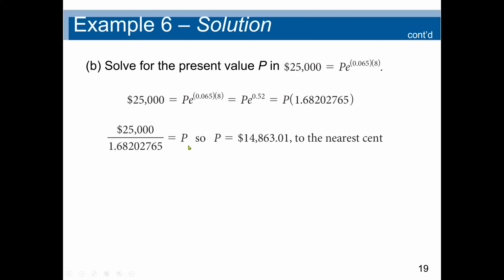So P equals 25,000 divided by 1.6820765, and that gives us roughly $14,863.01. So this means we need to invest $14,863.01 for 8 years with an interest rate of 6.5% in order to get 25,000.